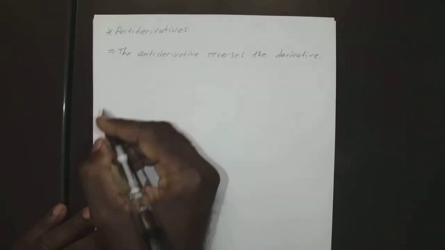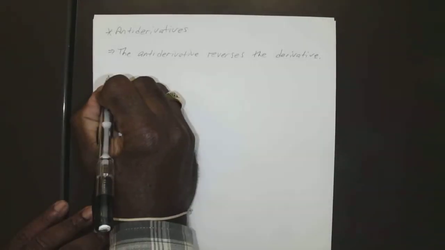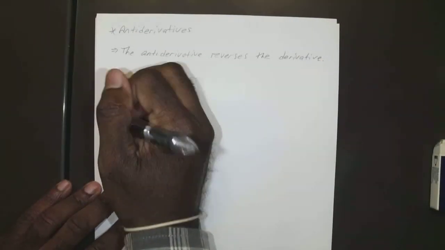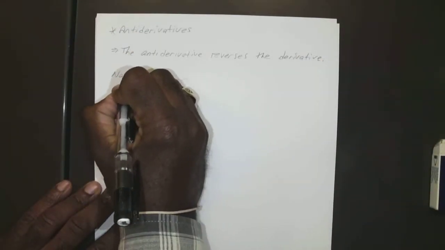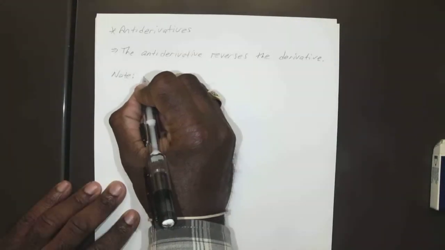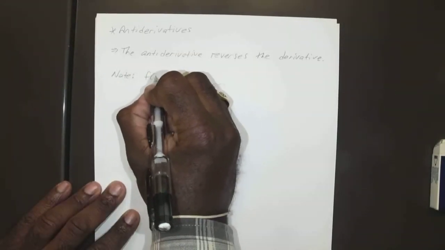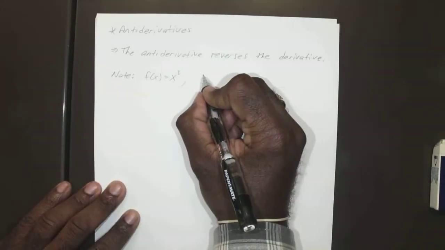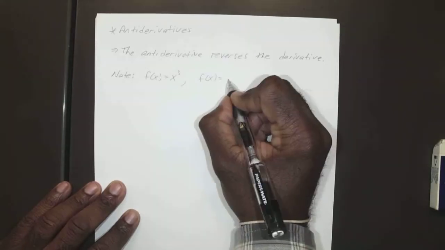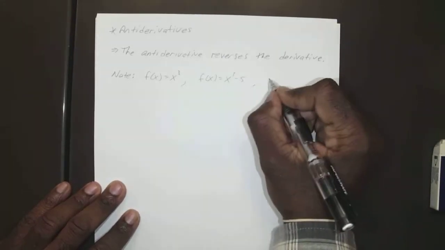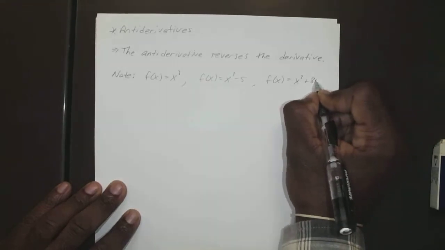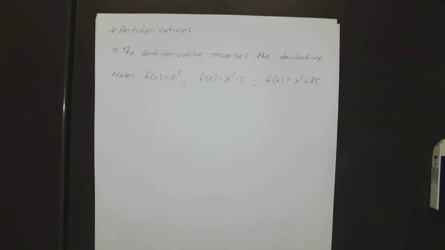Okay, so let's say, this one will be a little side note. As a side note, let's say f of x equals x to the third. Let's say if you have f of x equals x to the third minus 5. And let's say if you have f of x equals x to the third plus 85. Okay.